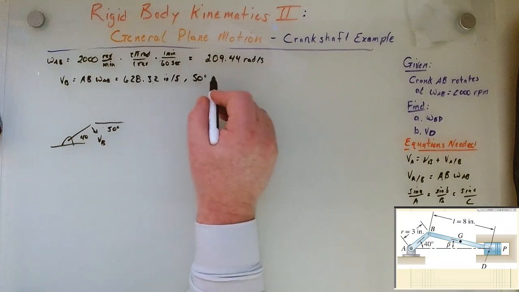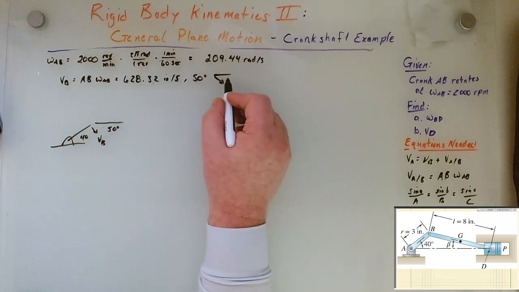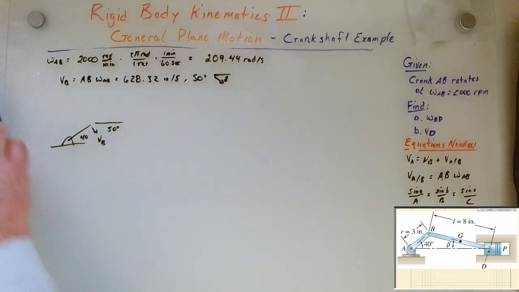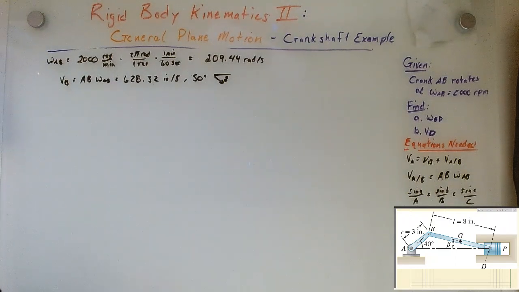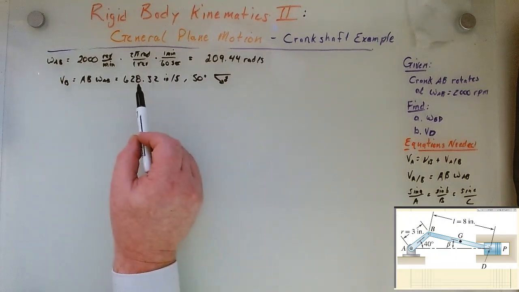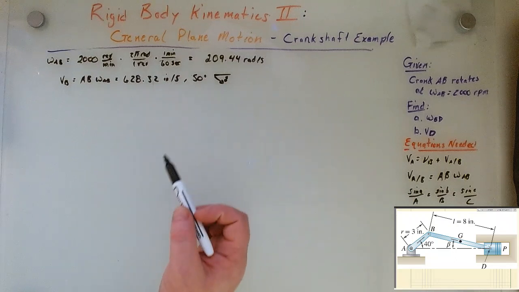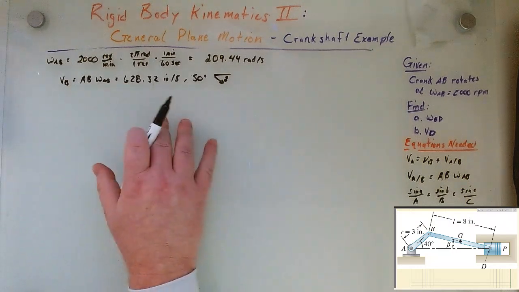So 50 degrees like this. There we go. And we do that because we're going to need it in a second. So we have a defined vector for our velocity, right? We know the direction and magnitude of it. And we know the direction of our v sub d, that's going to be along the horizontal.